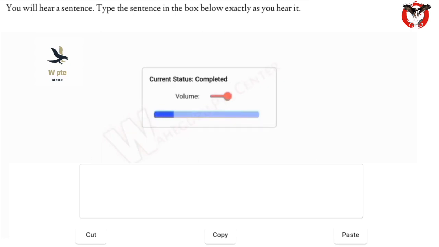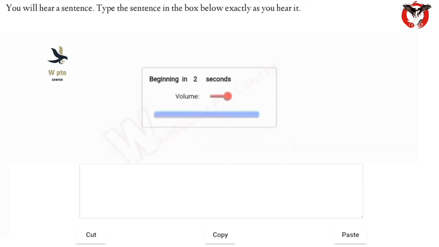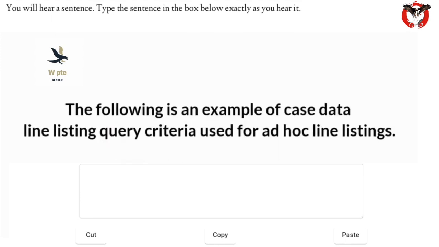The system uses the following configurations as report parameters in Oracle Business Intelligence Publisher reports. The following is an example of case data line listing query criteria used for ad hoc line listings.